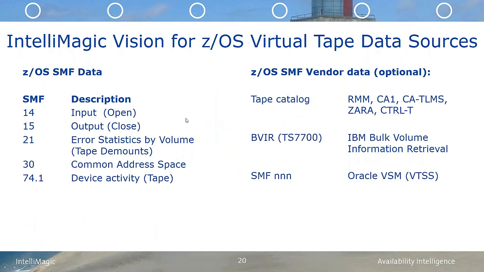Just a quick summary here. Here are the actual details of what we collect from SMF, the various records. From a tape catalog standpoint, we support the 5 major tape management catalogs that almost all z/OS customers have. Again, we get BVIR data as well as Oracle data.